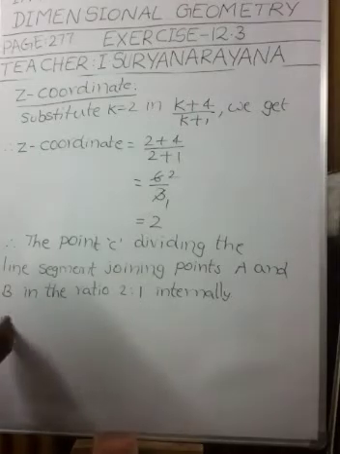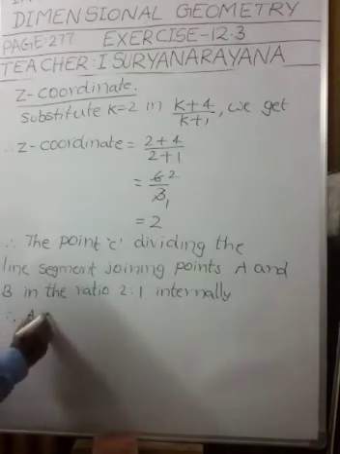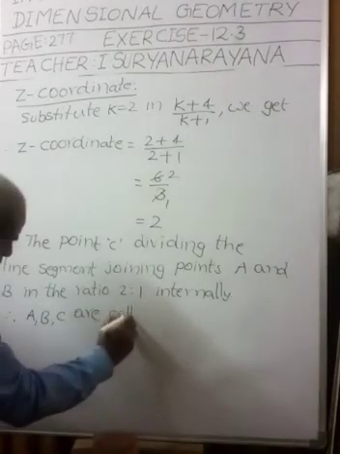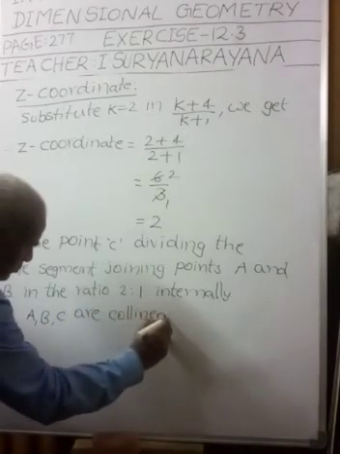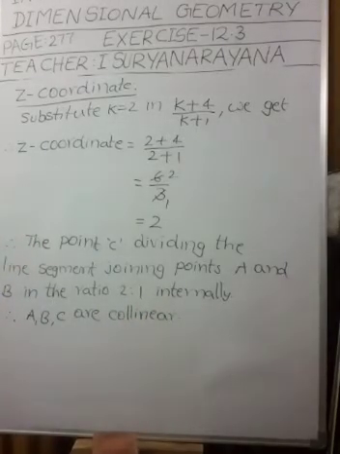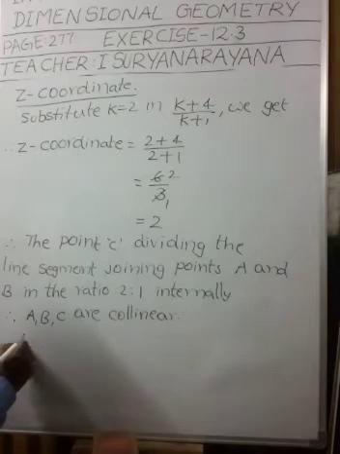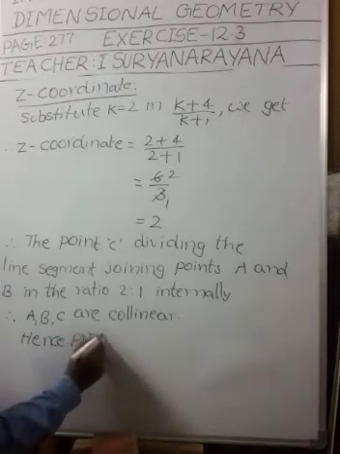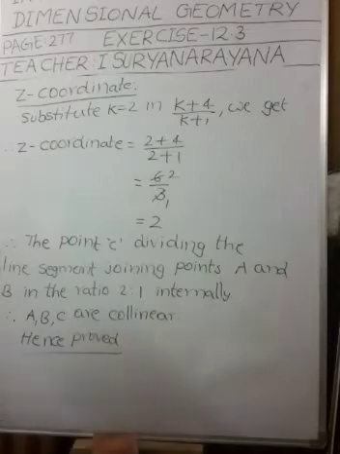Therefore, we can conclude that the 3 points are collinear. Hence proved. Understood this step, my dear children?